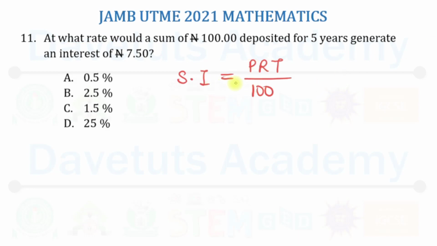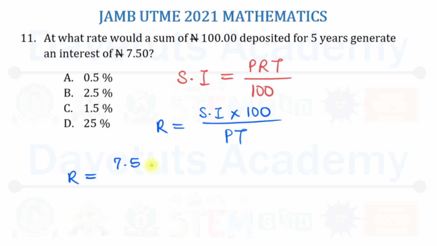We cross multiply, so this is like simple interest over 1. If we do that, R is nothing but simple interest multiplied by 100, over principal times time. So we just want to plug in the values here. What's the simple interest that we're given? We're given 7.5, multiplied by 100, divided by the principal, which was 100, and time is 5 years.